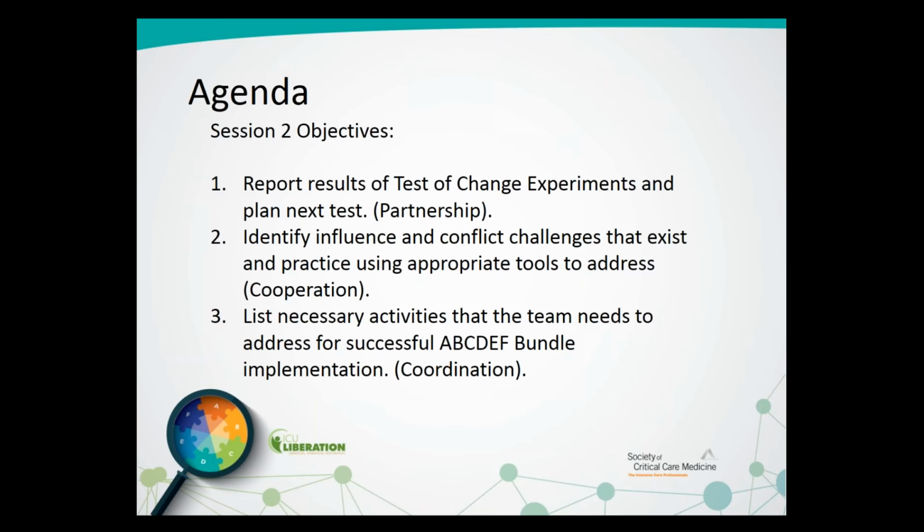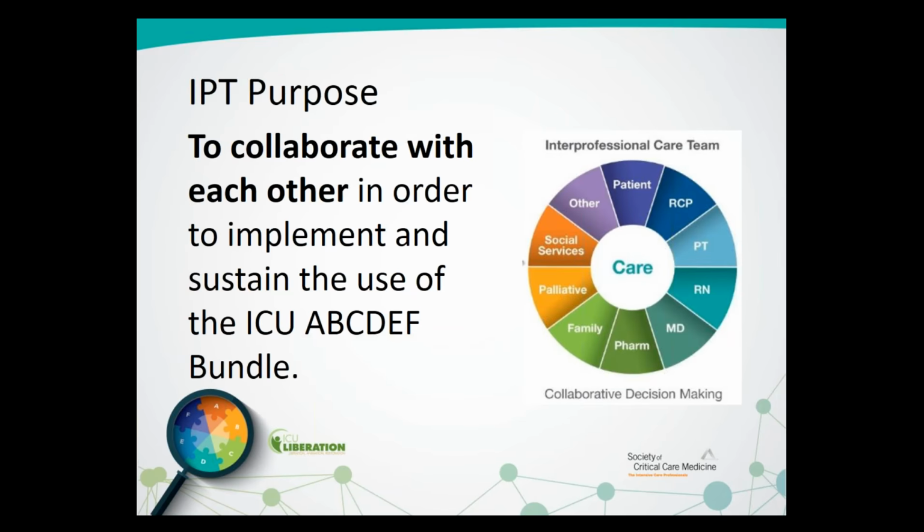Then we're going to talk about what inevitably happens with change, which is that resistance happens, conflict, and it becomes sometimes difficult to influence people to make the changes needed to implement this bundle. So we'll be talking about the key ability of cooperation to do that. And then lastly, we'll look at what needs to be done, what processes need to be changed or integrated to successfully implement the bundle.